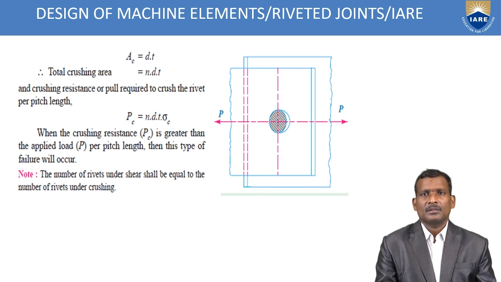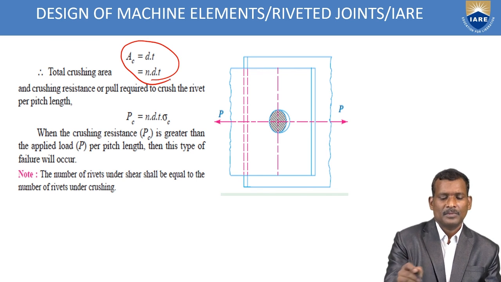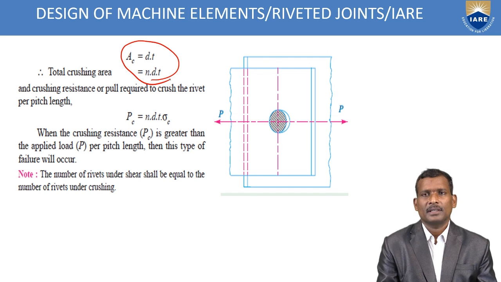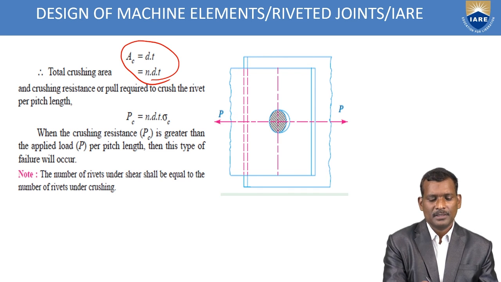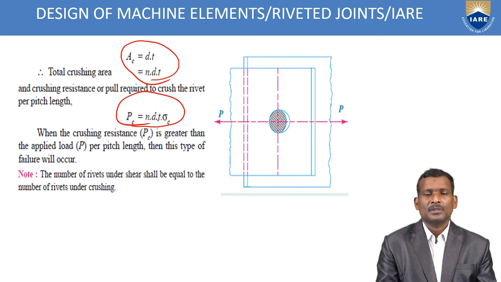So here, the total crushing area is n × d × t, where n is the number of rivets. The crushing resistance, the force required to crush the rivet for pitch length, is n × d × t × σc.